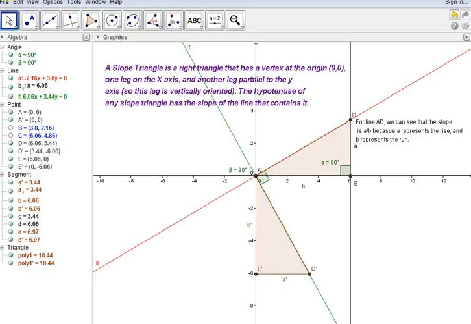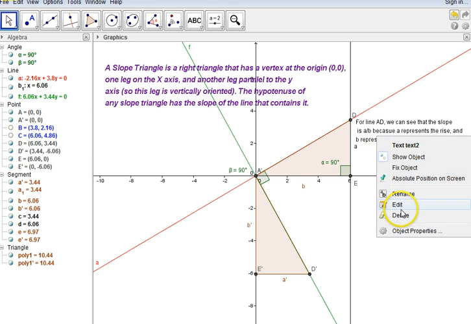Let's talk about the slope of A prime D prime, the rotation of AD.